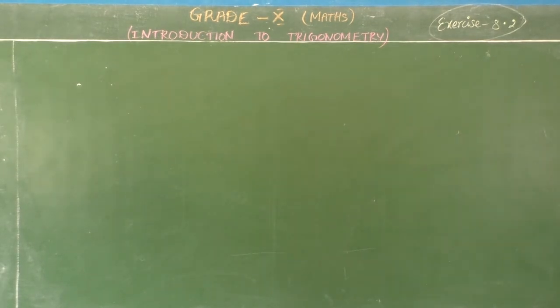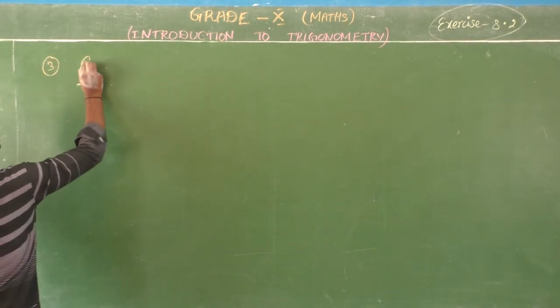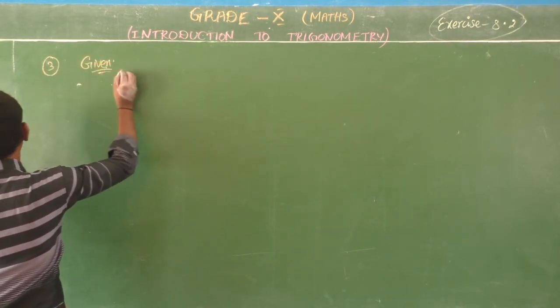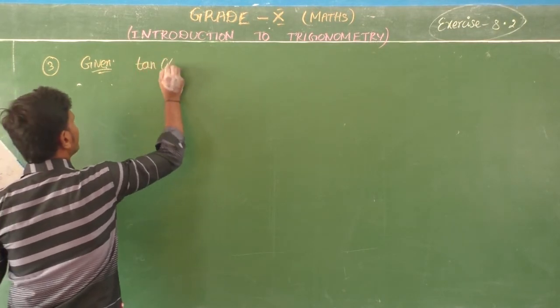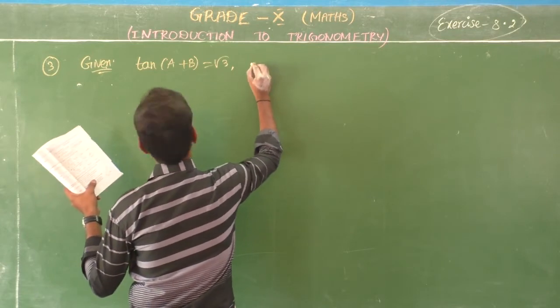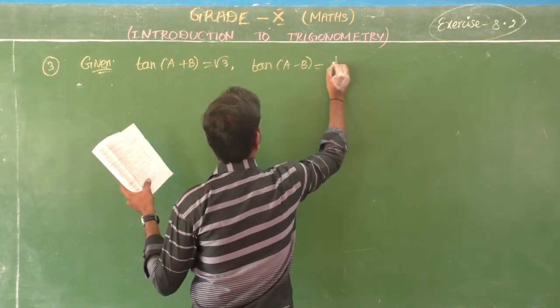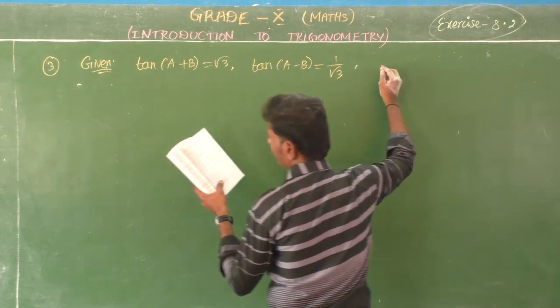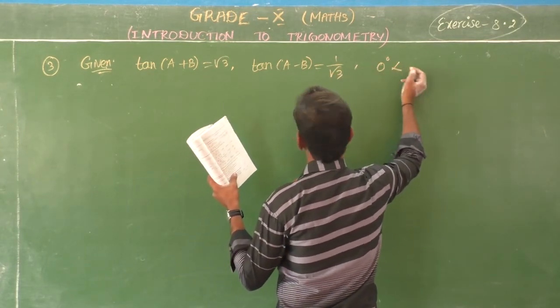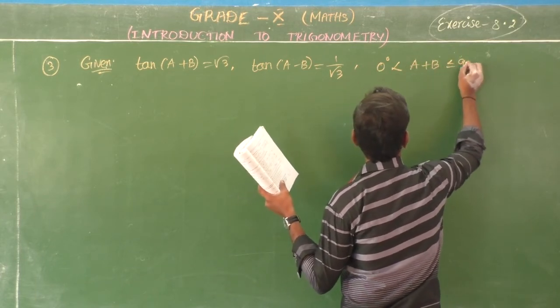Yes students, the next question in the exercise, the third question, we are going to see. In the third, given tan of A plus B is equal to root 3, and tan of A minus B is equal to 1 by root 3, and the condition given is 0 degree is less than A plus B, which is less than or equal to 90 degree.